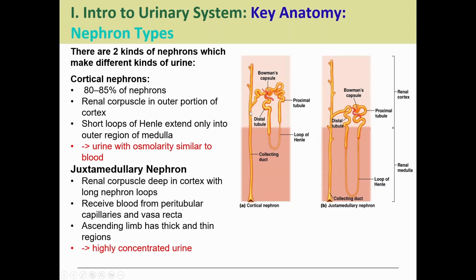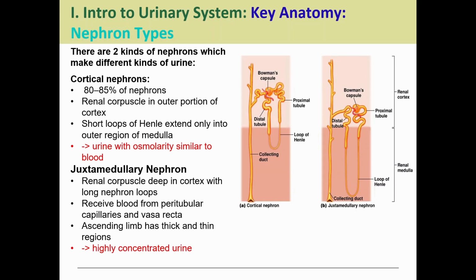So most of the nephron is hanging out in that cortex, and just a little piece of the loop of Henle goes down into the medulla. And this is where we're making urine with osmolarity that's similar to blood, right? So we're going to have a similar concentration to what blood would have, which means mostly water.